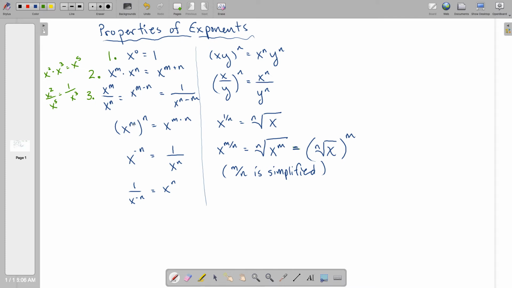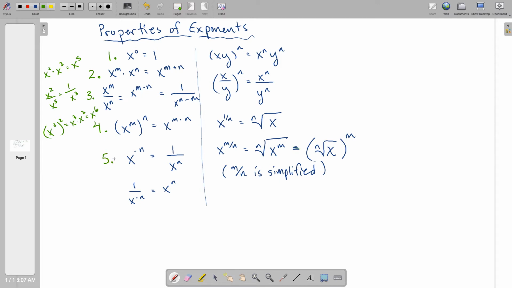Now, if I have a power raised to a power, we'll call this property 4, then you simplify by multiplying the exponents. So if I have x cubed squared, well, what does that mean? That means x cubed times x cubed, and we already know we're supposed to add these, right? So x to the 6th, you can see 3 times 2 is 6.